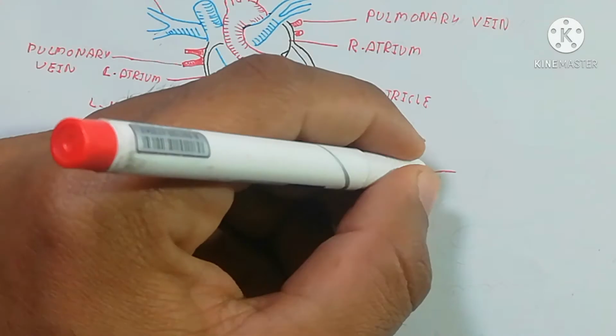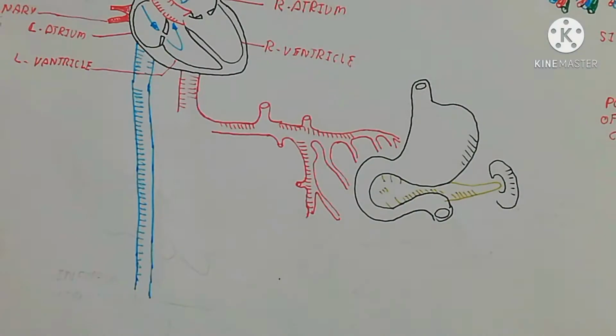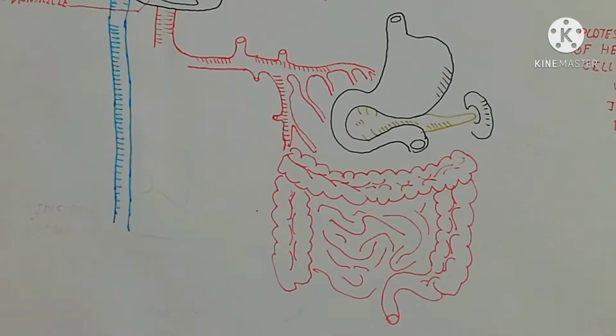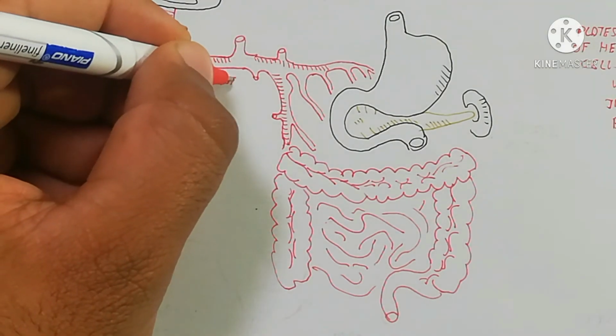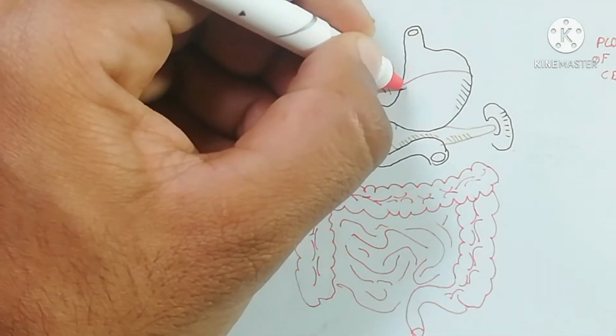The descending aorta goes down below, and the inferior vena cava also goes along. Here the descending aorta goes into the mesenteric artery.